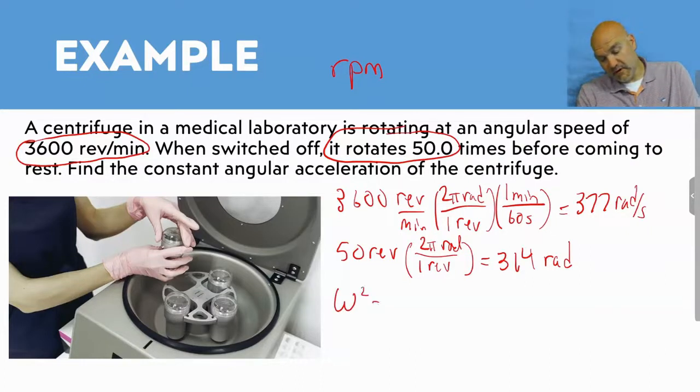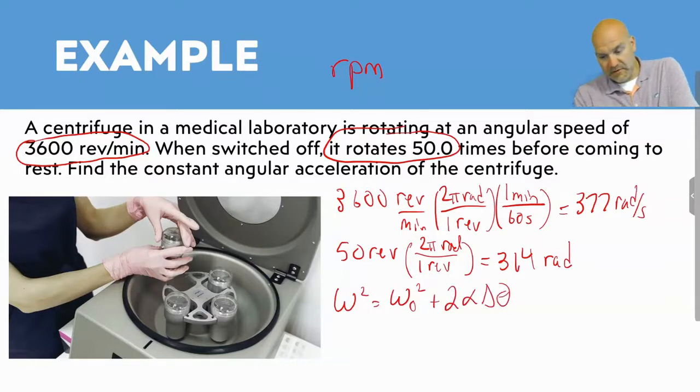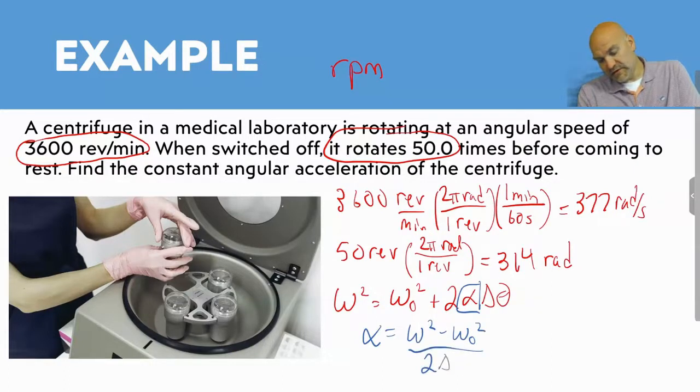So I have omega squared equals omega initial squared plus 2 alpha delta theta, and I'm going to solve it for alpha. So alpha equals omega squared minus omega initial squared over 2 delta theta. My final omega is zero because I'm coming to a stop, just like we did in linear, so we can cancel that out.